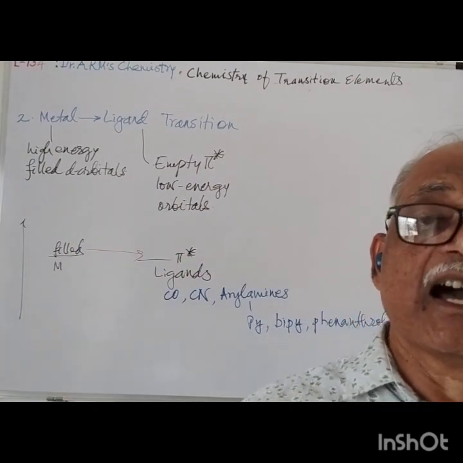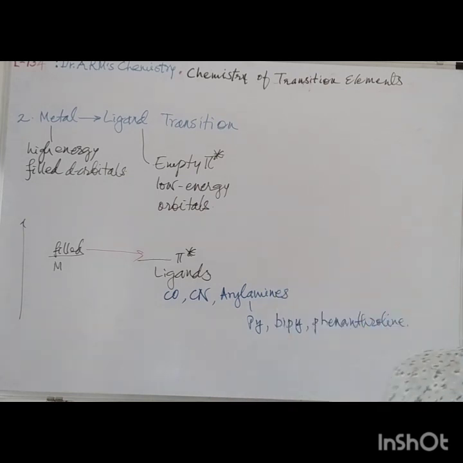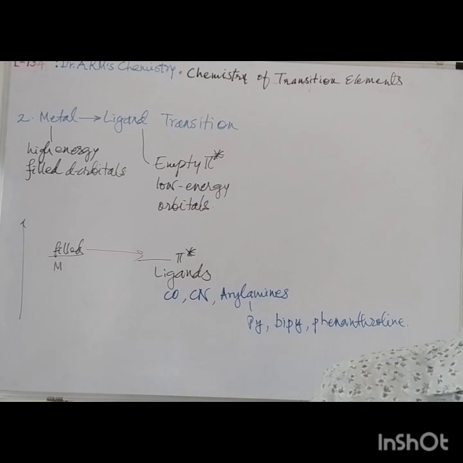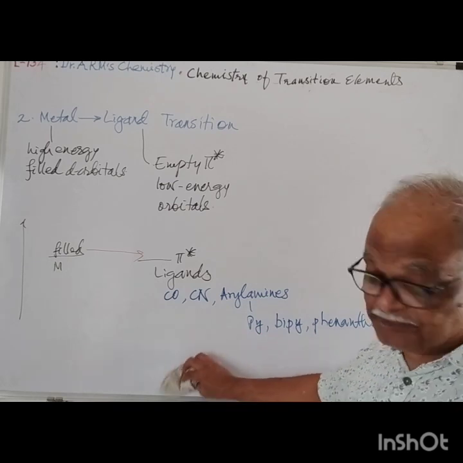If such ligands are there, then the complex will show this metal to ligand type of transition. We will discuss some examples of such transitions.